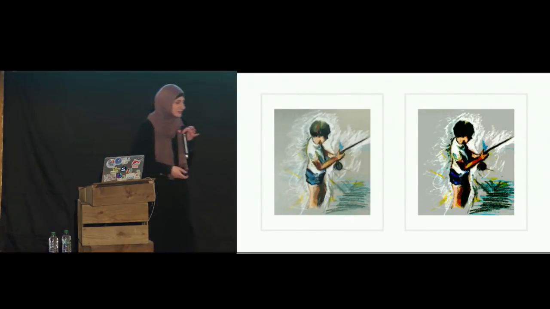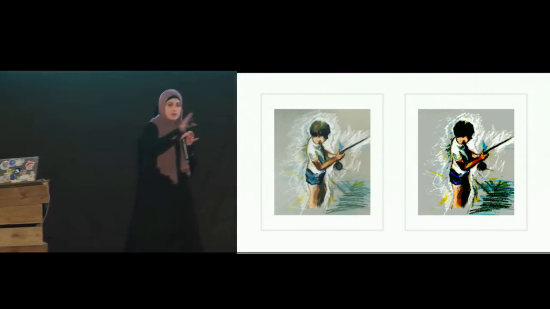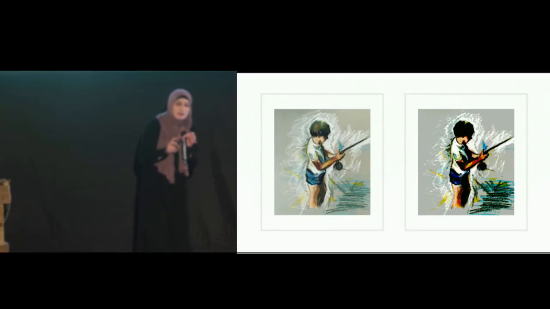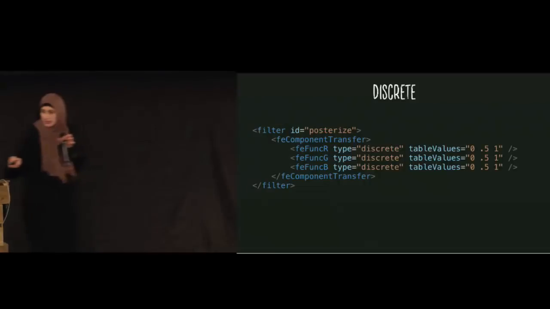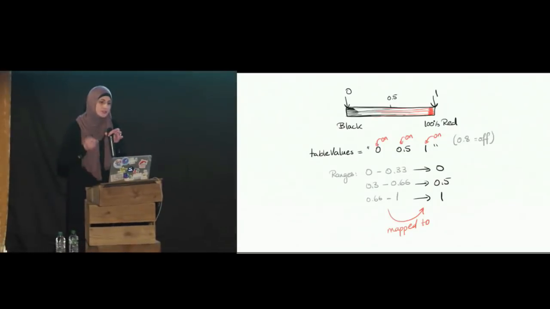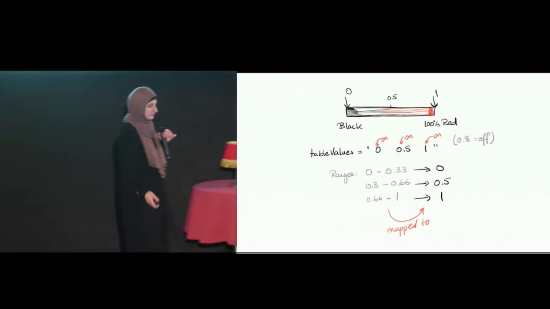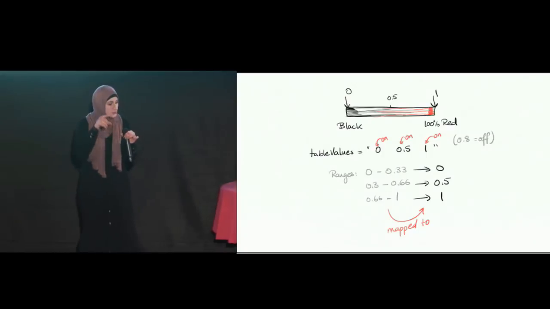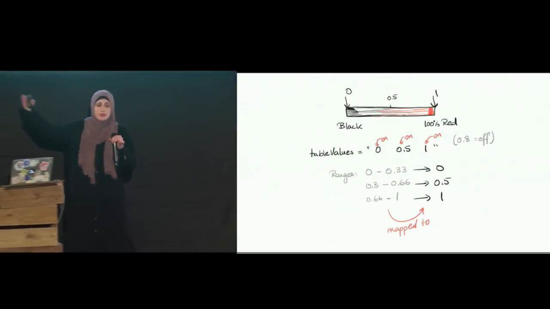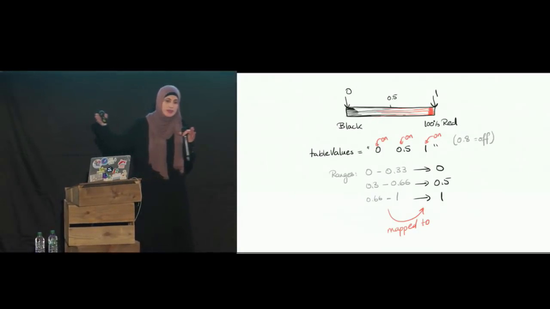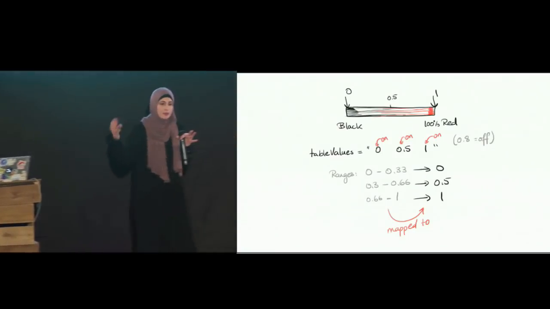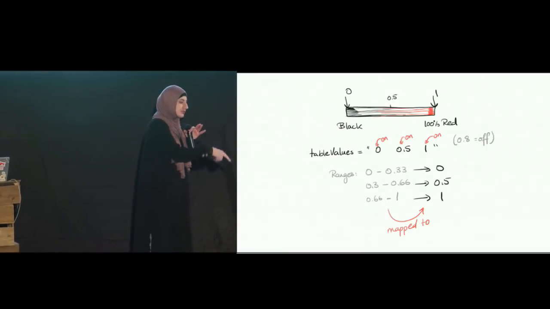So again, if you look at this, instead of having a gradient of every single color, you have fewer colors. The browser does this by doing some sort of mapping. So if you have, for example, tableValues set to 0, 0.5, 1, you can have as many values as you want. The more values you give, the more ranges you have. And the browser is going to map the color to these ranges.